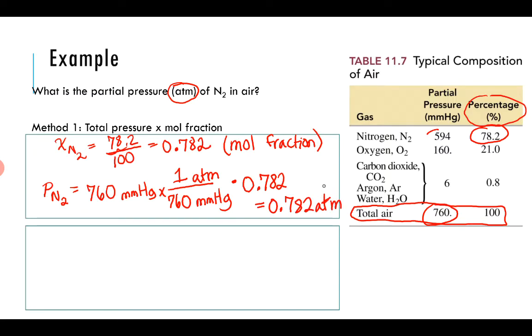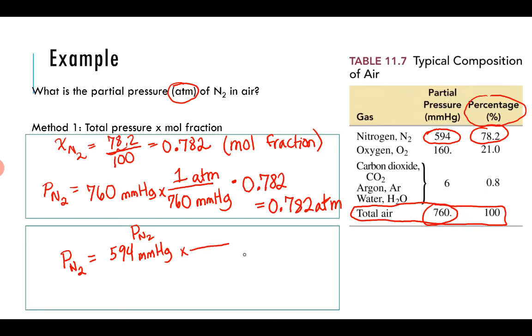You could have also just looked at the table here, and that is 594 millimeters of mercury. Another way you could solve this, or at least figure out how they came up with that 594 number, is that 594 millimeters of mercury is the partial pressure of N2 in a different unit.